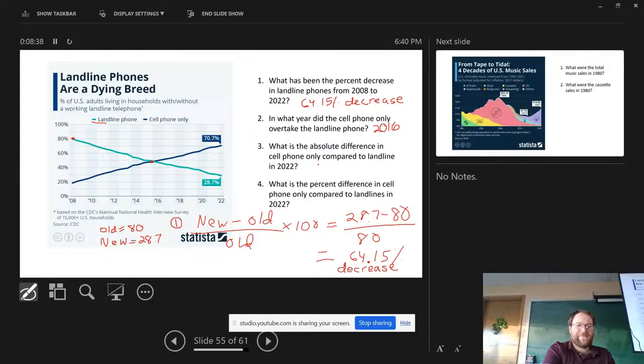That would be the 70.7 minus the 28.7. 42. Yep, 42% is the absolute difference.